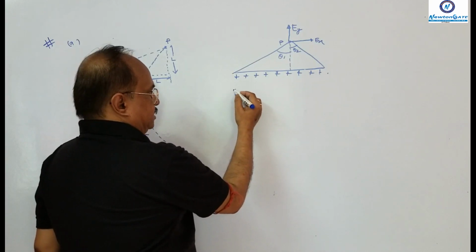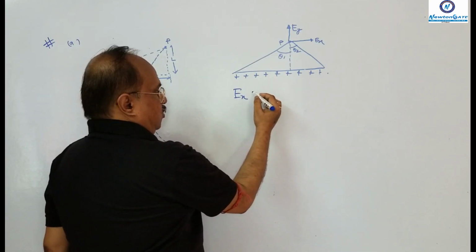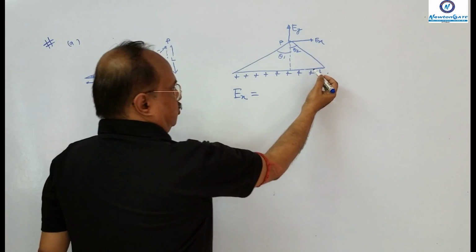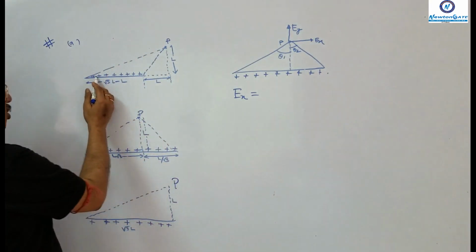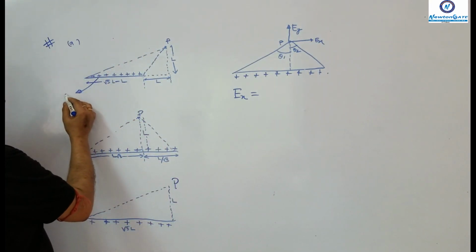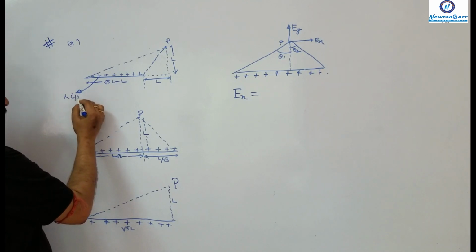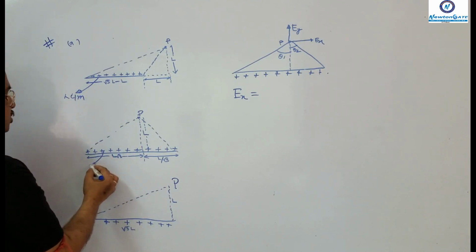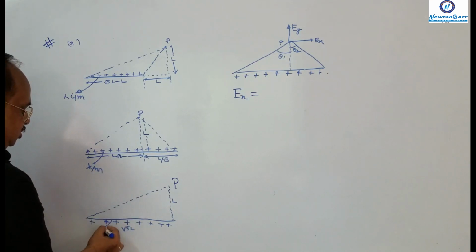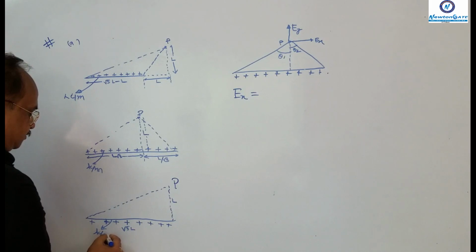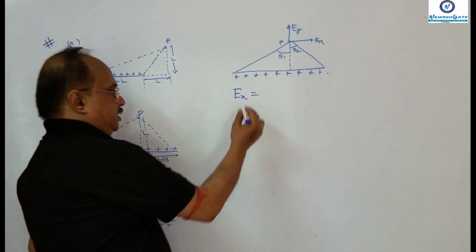So Ex will be equal to, first of all I forgot to tell you that each one of them has a linear charge density of lambda coulomb per meter. Now what will be the Ex over here?